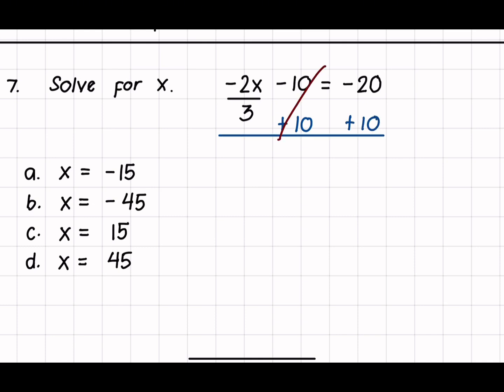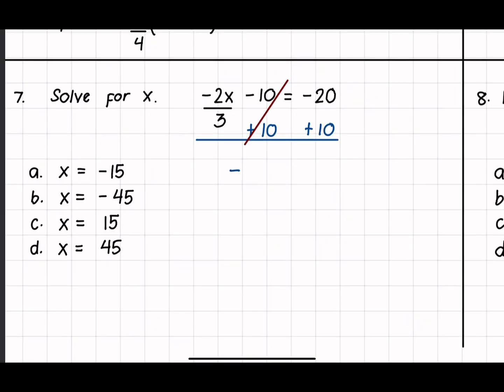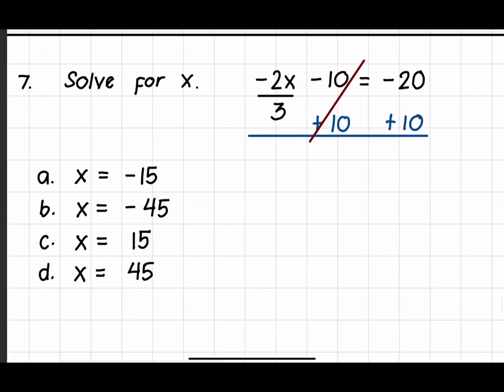Negative 10 plus 10 is 0. This will be cancelled. Bring down negative 2/3 x is equal to negative 20 plus 10, which is negative 10.